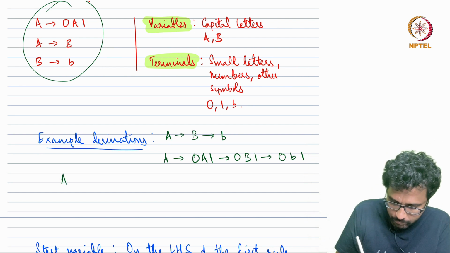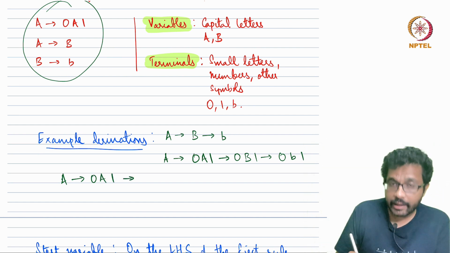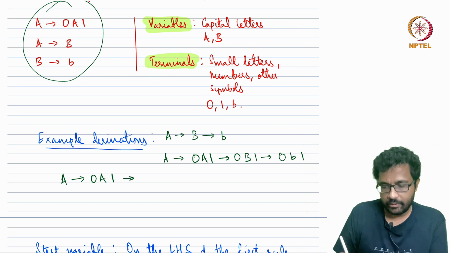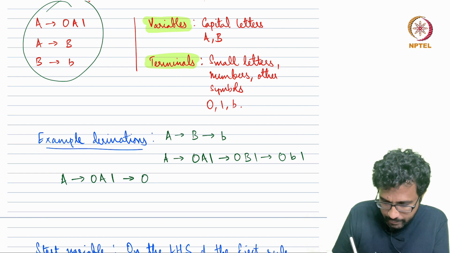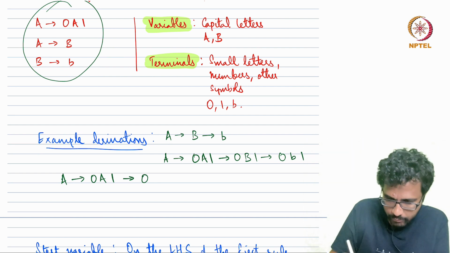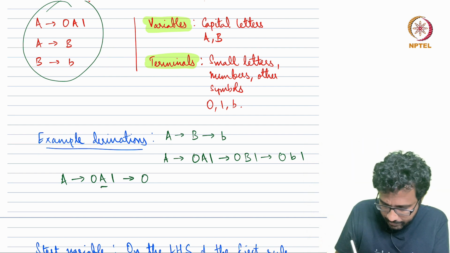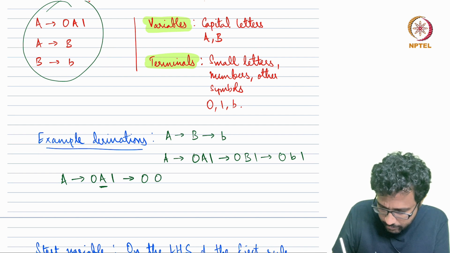Now another way to do it is A gives us 0A1. Now we can again use the same rule to replace this underlined A, again using 0A1.